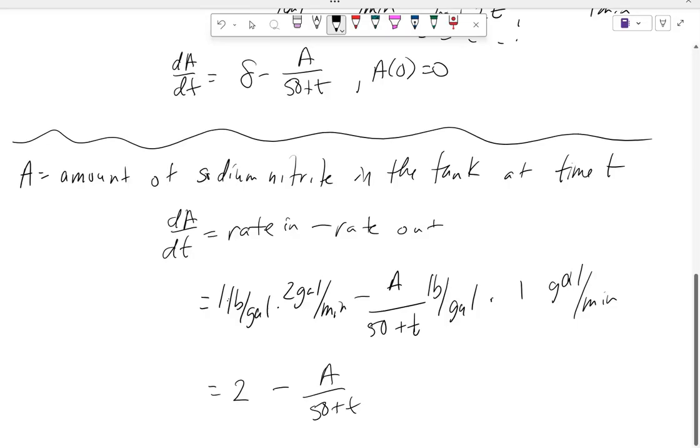You can see where this might be a model that you could apply to drug concentration in a bloodstream. If you've got an IV drip going in, for example, right? You know how much drug was in the bloodstream to start with? Hopefully none. And you've got a concentration of the drug going into the bloodstream, and you want to have a constant level of the drug to fight the infection, say, or you just have saline going in because you're trying to keep a patient stable, what have you, right?